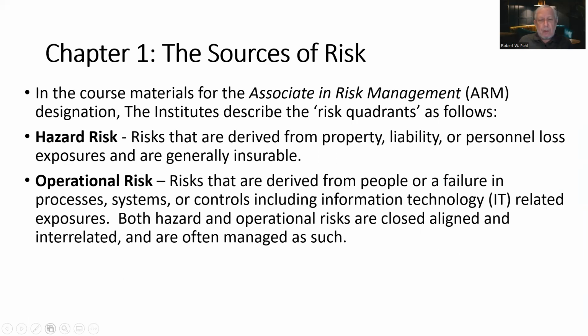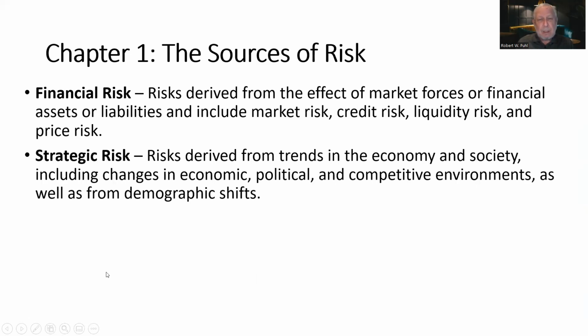In the course materials for the Associate in Risk Management designation, the Institute describes the risk quadrants as follows. Hazard risk: risks that are derived from property, liability, or personnel loss exposures and are generally insurable. Operational risk: risks that are derived from people or a failure in process, systems, or controls, including information technology related exposures. Both hazard and operational risks are closely aligned and interrelated and are often managed as such.